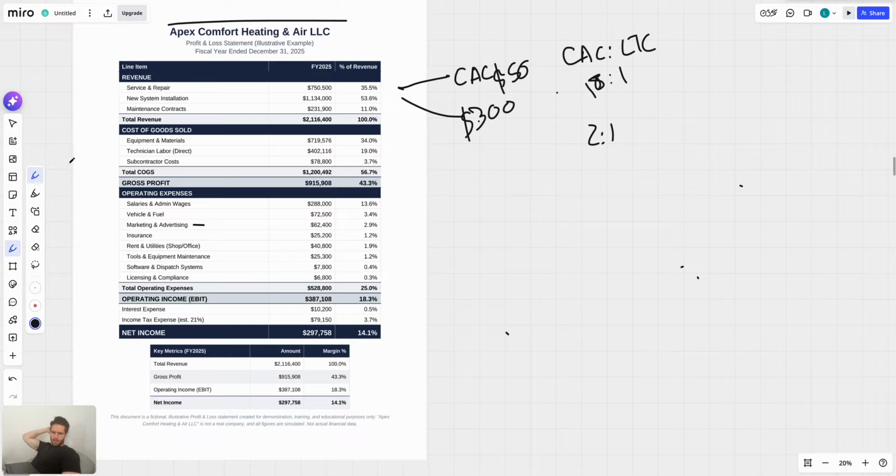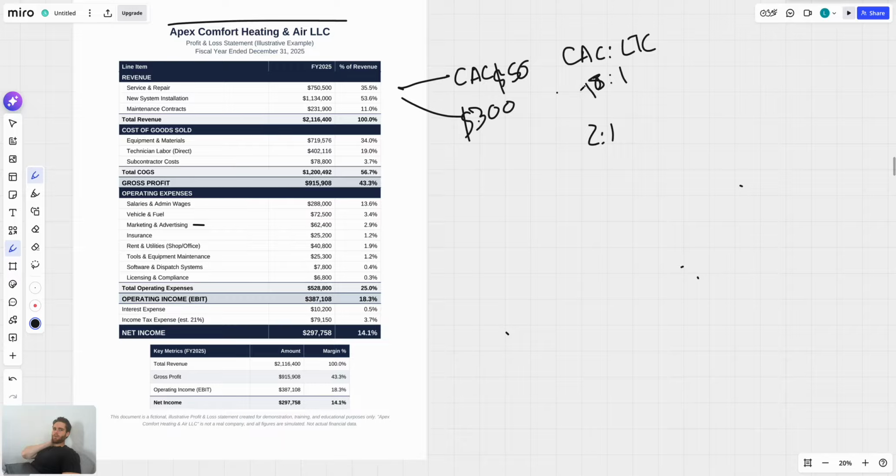Now, their marketing agency, or whoever's running the marketing, might just have left it like that and said, yep, this is good, not realizing the potential they're leaving. If they were to instead spend 100% of this $62,000 on new service repair rather than 80% on new systems, then the profitability of the business would dramatically increase, because we've got a 10 to 1 LTV on that.